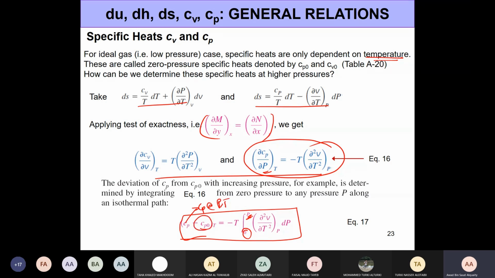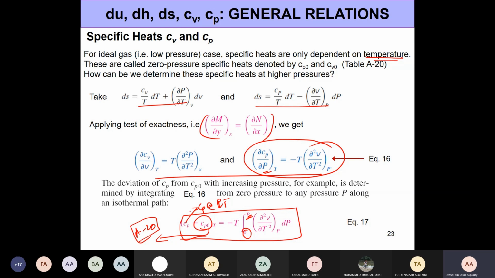Here the Cp value is something that you can obtain from table A20, or a value that you can also derive using some formulations. So this is how you get the Cp values at higher pressure and temperature.